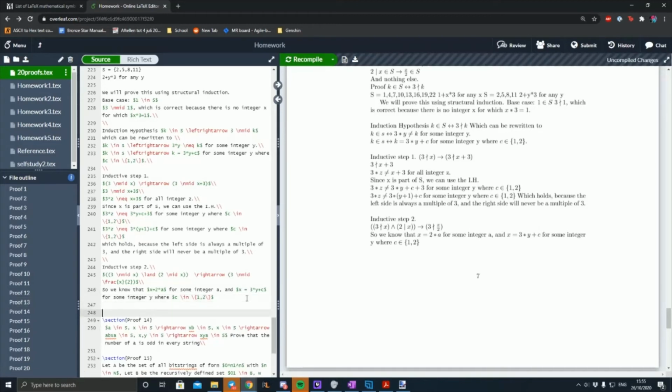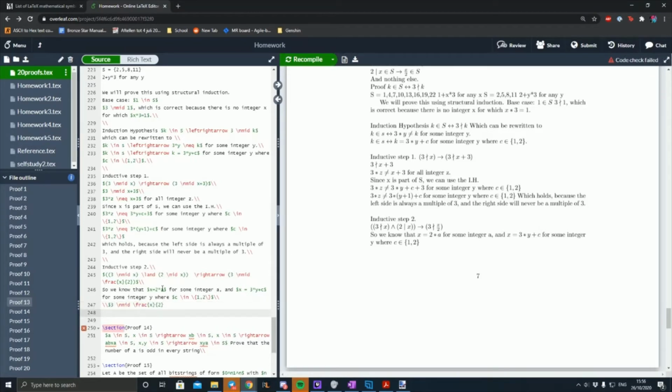Okay. So... Okay, I'm going to start off by taking the second part again, and proving that this is true for the first part. So we have 3 does not divide x over 2, but we know that x is 2 times a for some integer a.